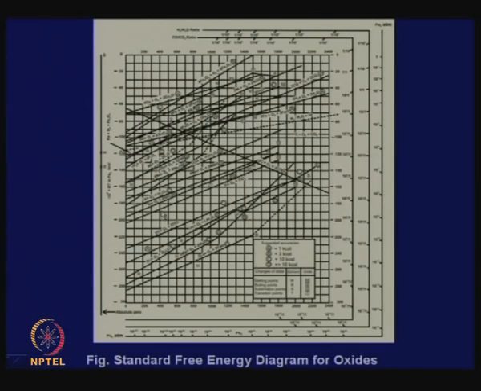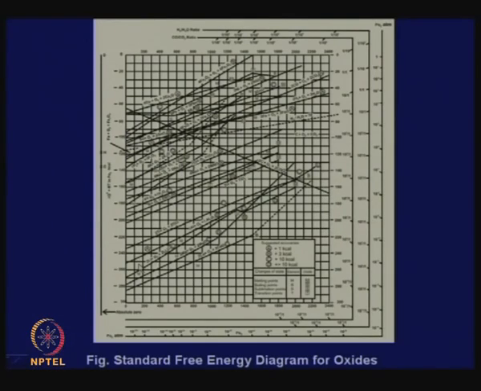Lithium, TiO2, Si plus O2 gives SiO2, 4 Cu plus O2 gives 2 Cu2O. So, all these oxides are represented, their free energies of formation are represented by these lines.